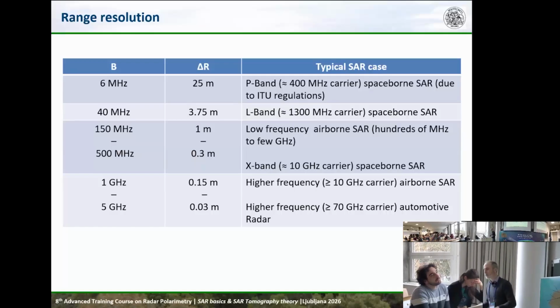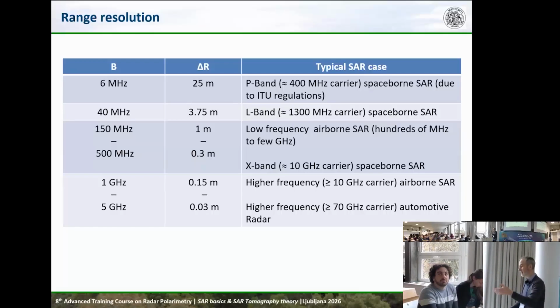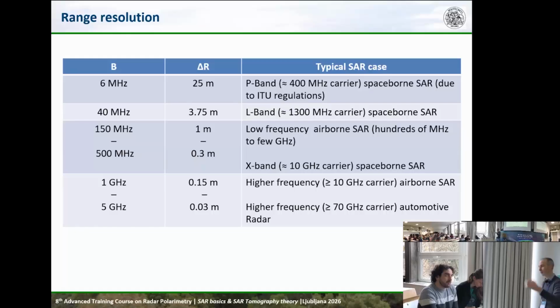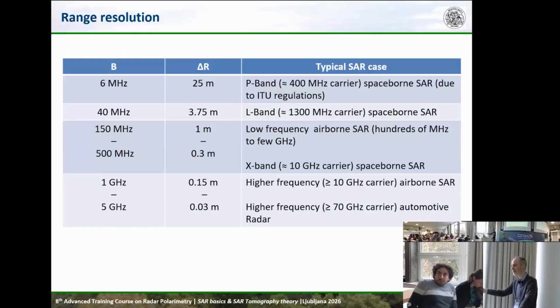If we go to airborne, to higher frequency SAR, like 10 gigahertz spaceborne SAR, like TerraSAR-X or Cosmo, the bandwidth can be much larger, and so the resolution can be on the order of a meter or even sub a meter.